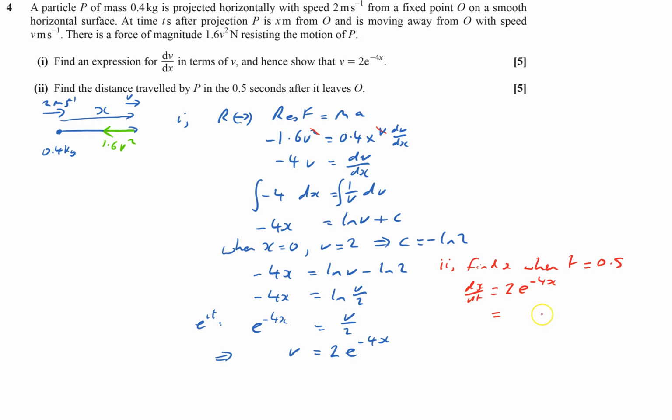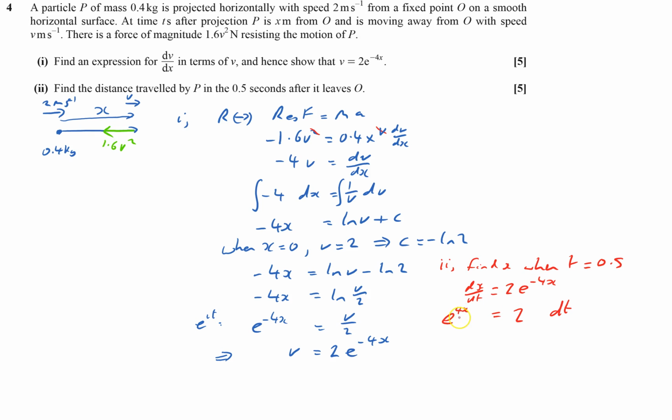I want to get all the t's on one side, so I have a dt up over here with the 2, and I want to get the e to the minus 4x over to this side. So I times both sides by e to the 4x, since that's 1 over e to the 4x.